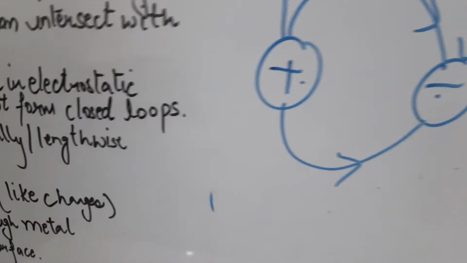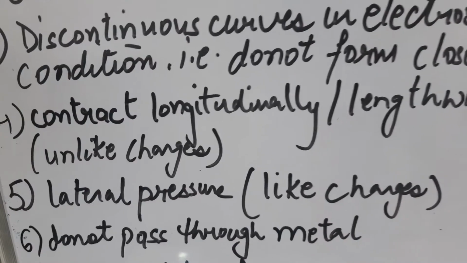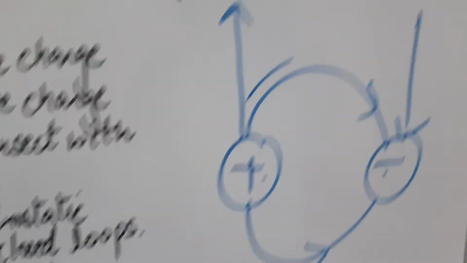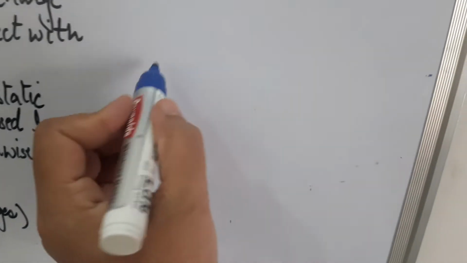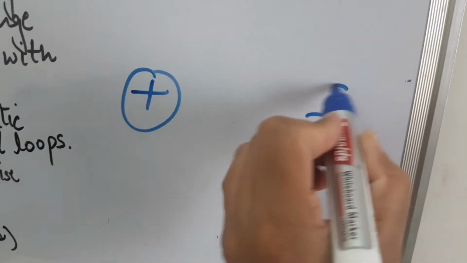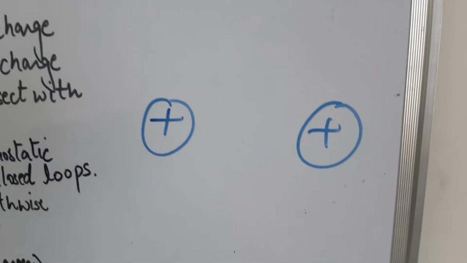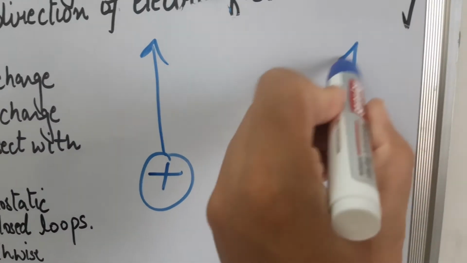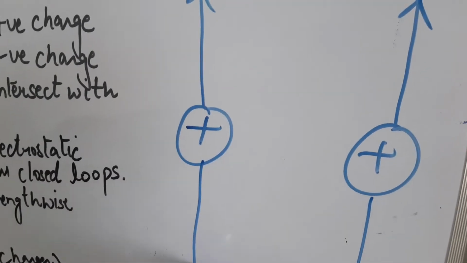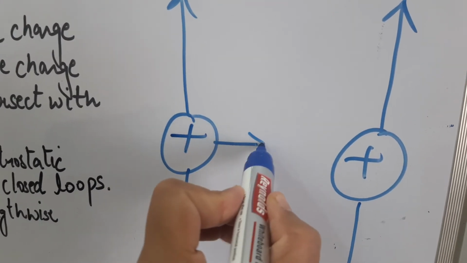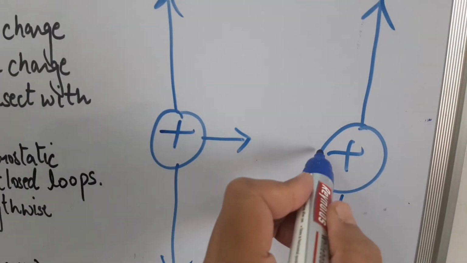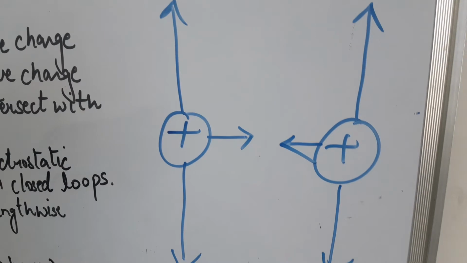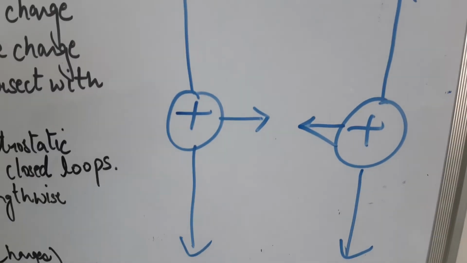On the other hand, if we have two like charges, they will put lateral pressure on each other. Now in case I have two positive charges placed together, they are like charges, so if one line is going this way, the other will also be going this way, right? So there must be a field line going in this direction, and also one going in that direction.